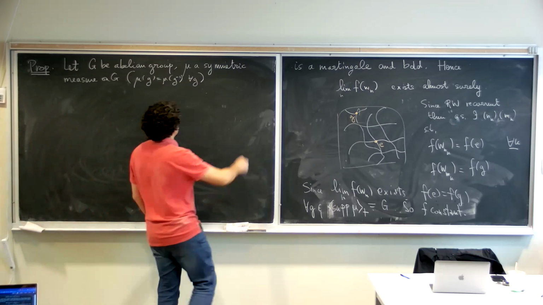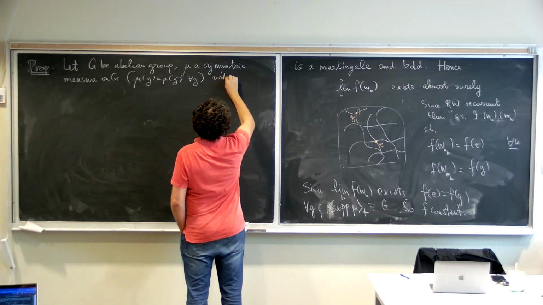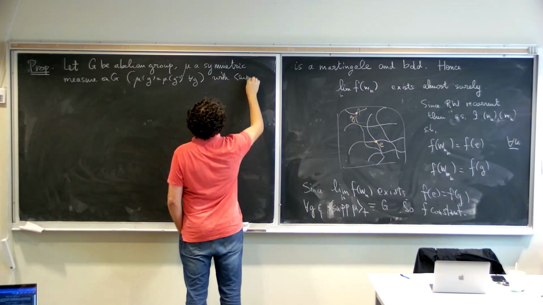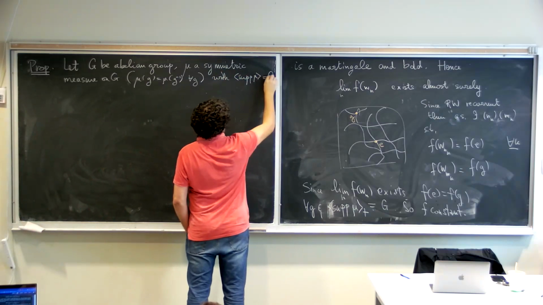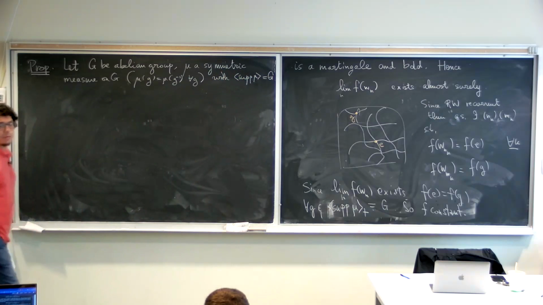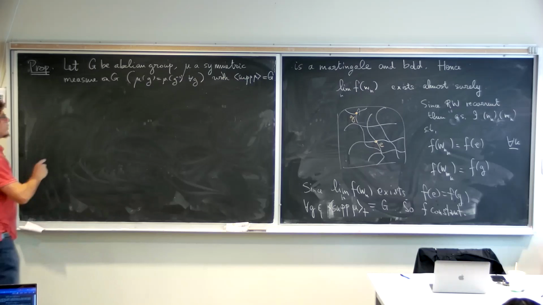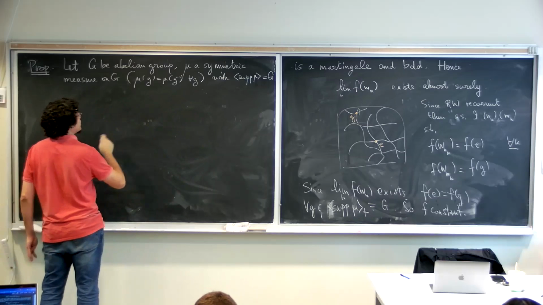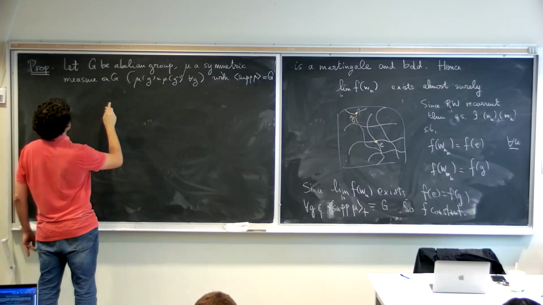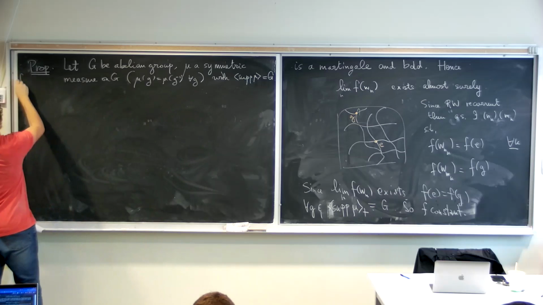And again, with the support generated by mu, in this case, since it's symmetric, the support for the group and the semigroup are the same. And for this proof to work, at least in a simple case, we need finite support. So let me say symmetric, finitely supported.